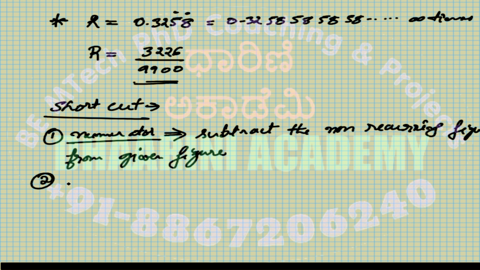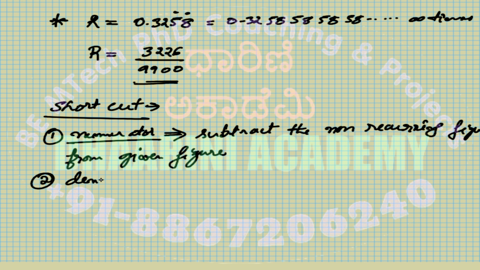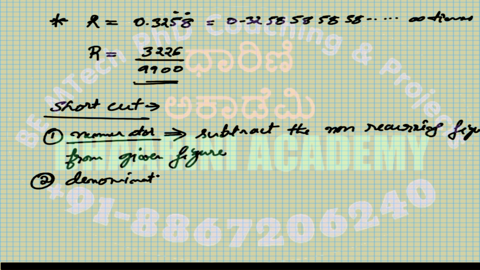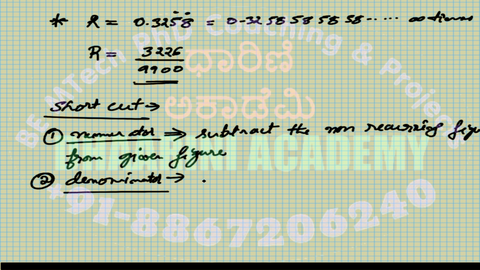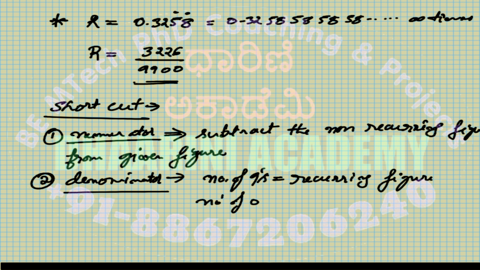The denominator consists of as many nines as the recurring figures and as many zeros as the non-recurring figures. So the number of nines in the denominator equals the number of recurring figures, and the number of zeros equals the number of non-recurring figures.